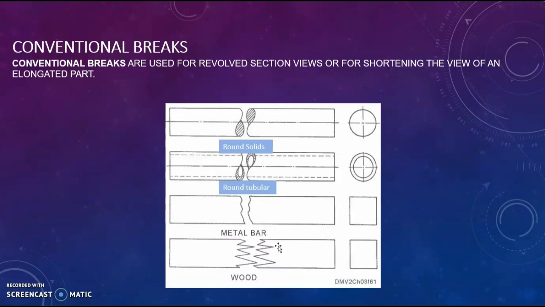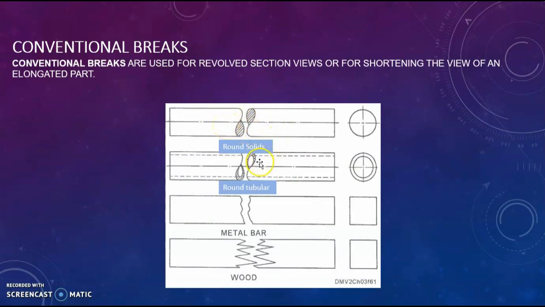Conventional breaks are used for revolved section views or for shortening the views of an elongated part. So whenever you have a view and you see this part sectioned like this, that means we are talking about a round solid.